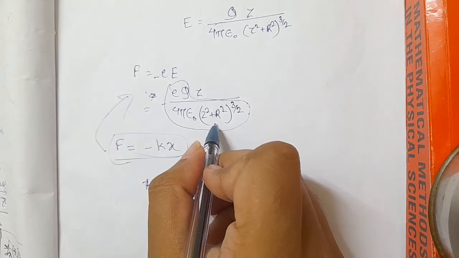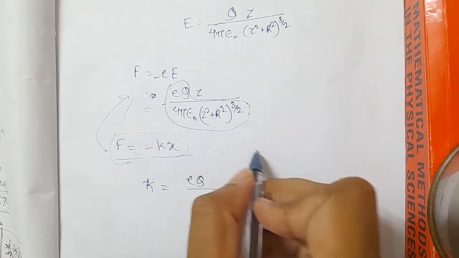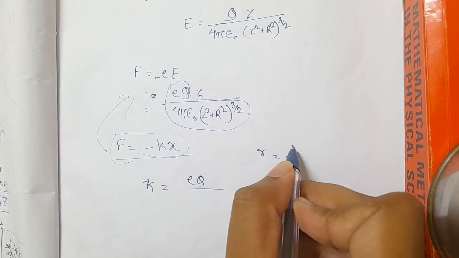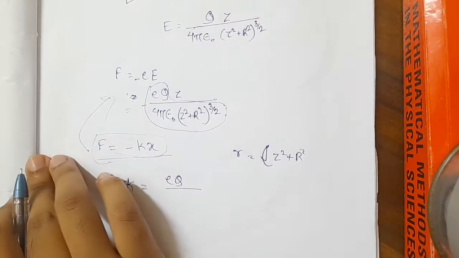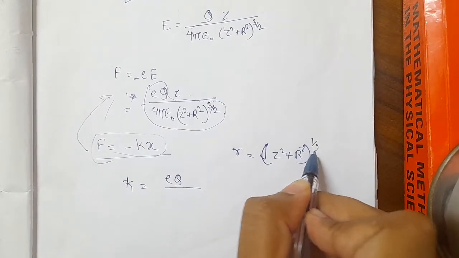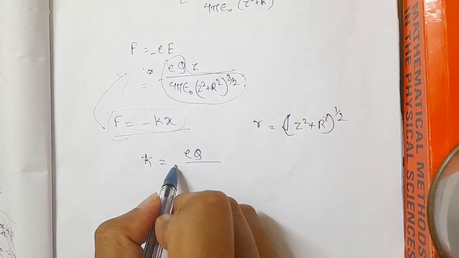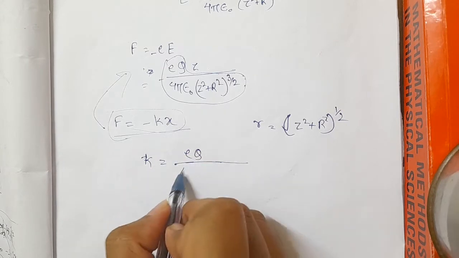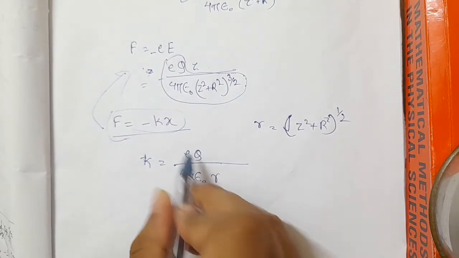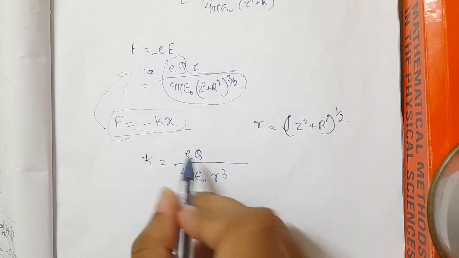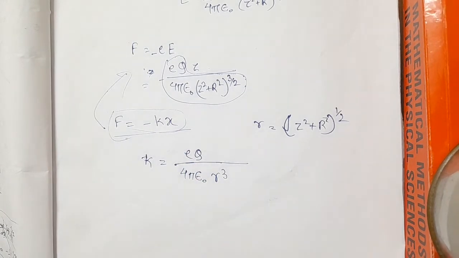Okay, I am writing it to be R. R is equal to (z square plus r square) to the power 1 by 2, so k is eQ by 4 pi epsilon naught R cube. It is the value of k.